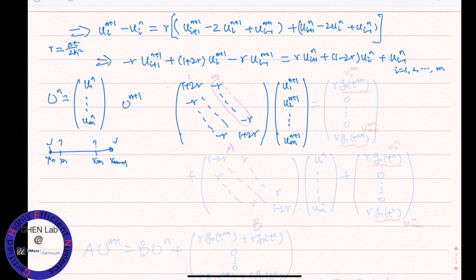What we have left is that when i is 1, we are going to have this i minus 1. This guy is for the i, that guy is for the i plus 1.